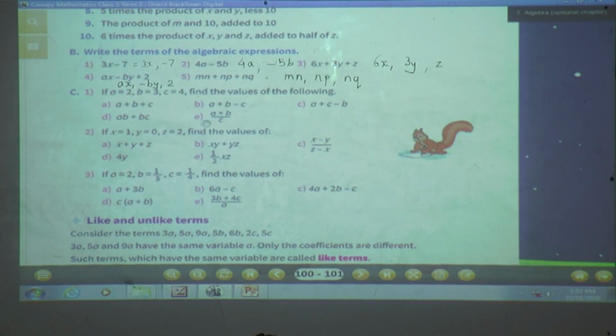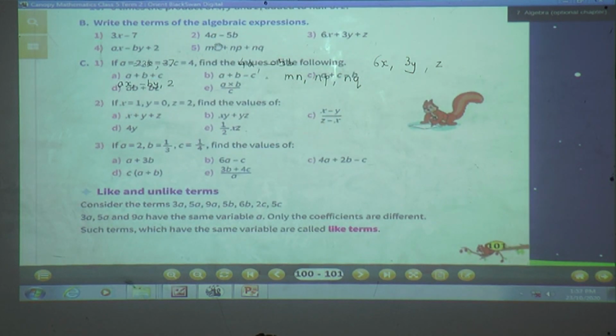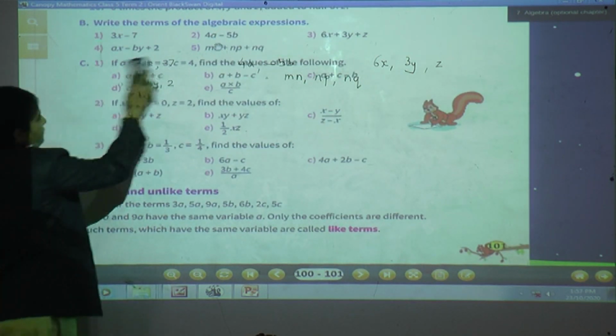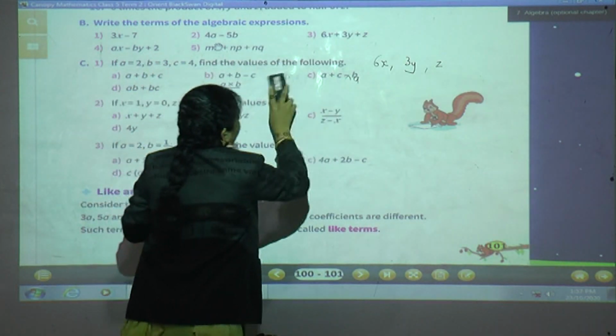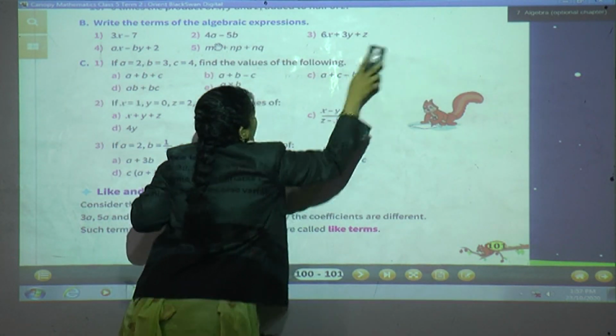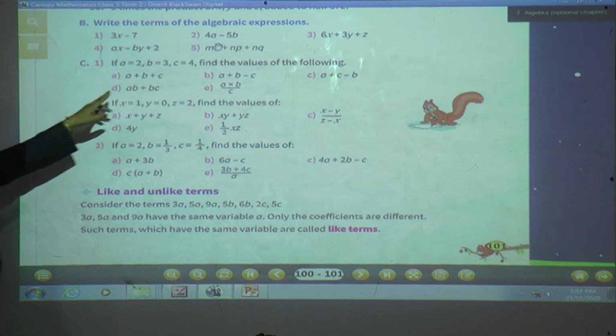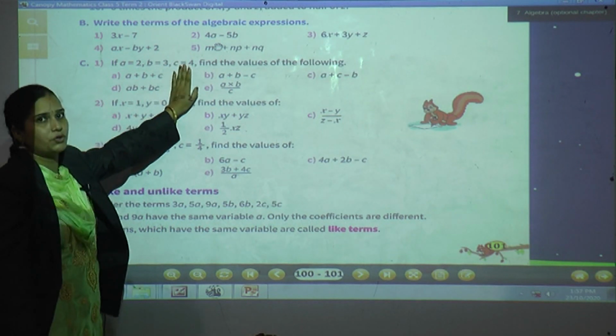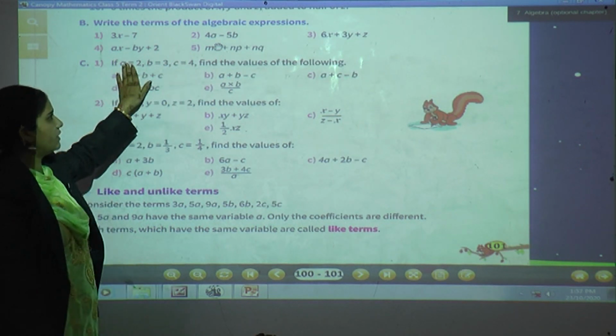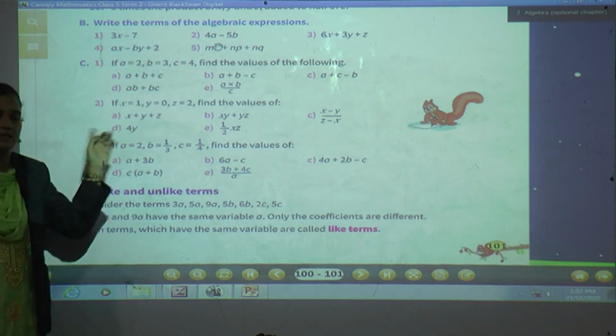Okay, now see C1 here. Here, students, a is equal to 2, b is equal to 3, c is equal to 4. Here they have given the values of a, b and c.